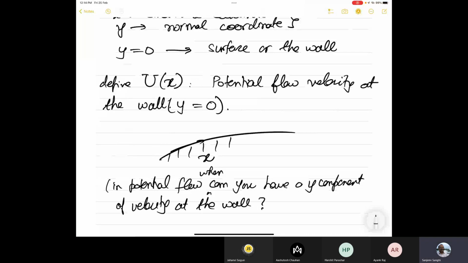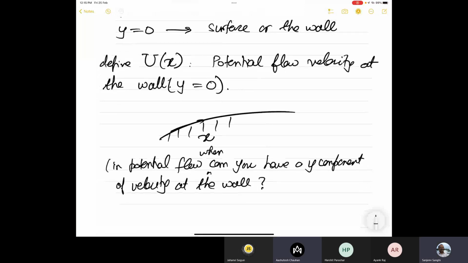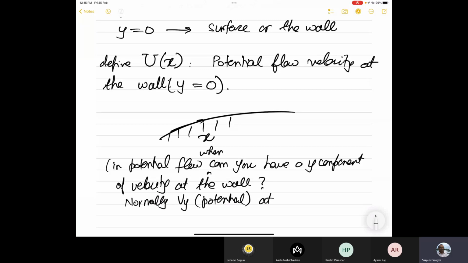What is your guess? No, sir. Pardon? So it should be 0. It should be 0. So now, when I have asked the question when, so that means normally Vy, that means the potential component, at the wall, must be 0.